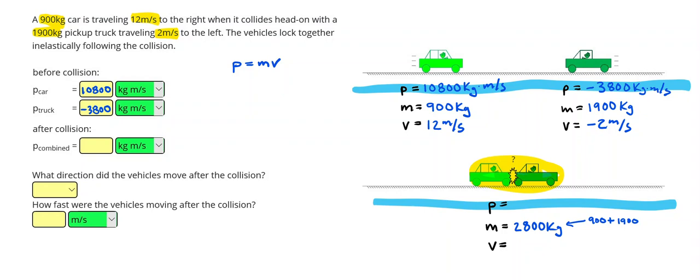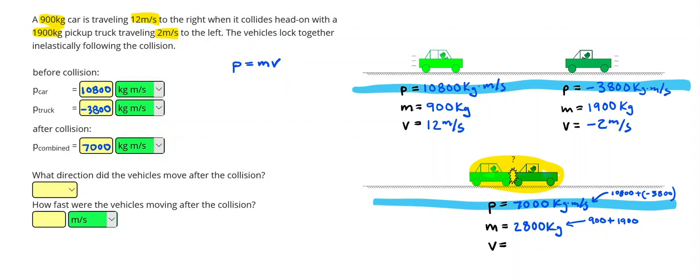I'm going to take 10,800 and add that together with -3,800. And that gives me a momentum of 7,000 kilogram meters per second. And that is also my next answer.